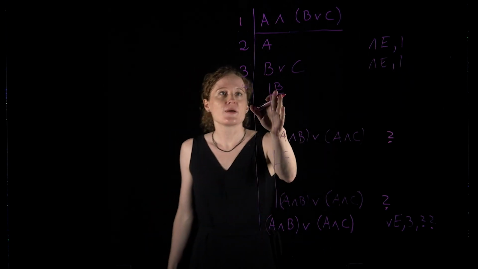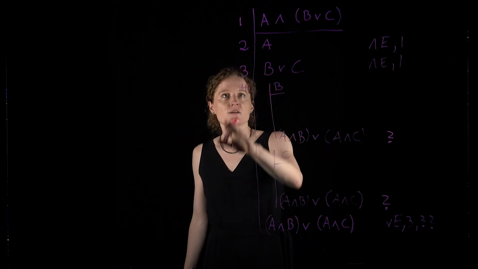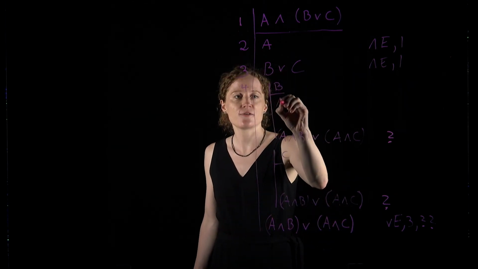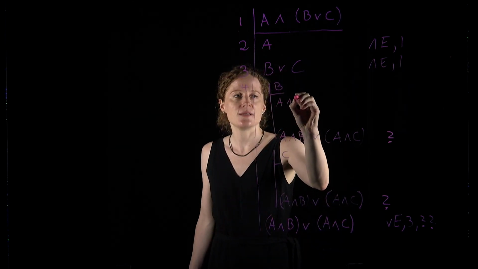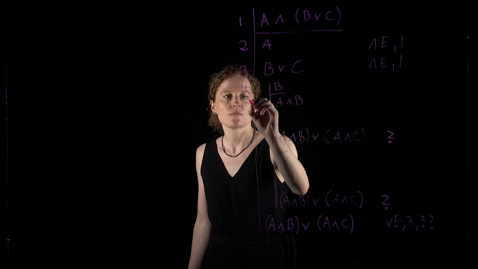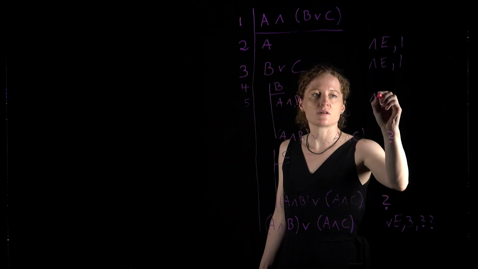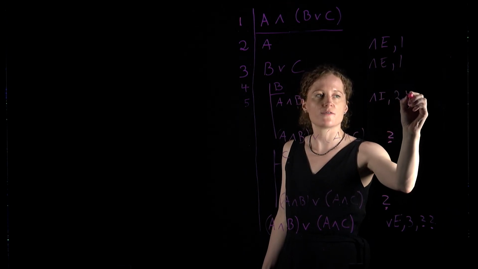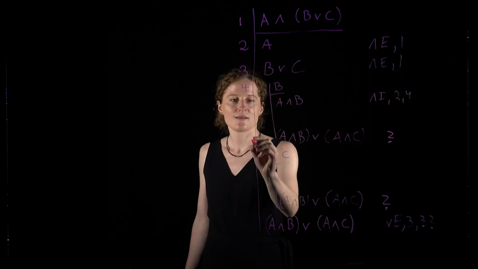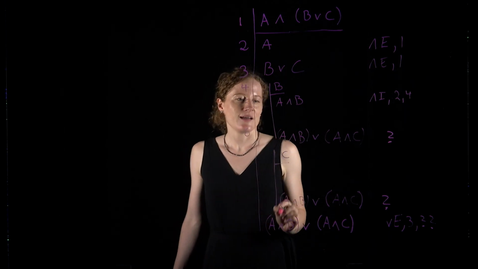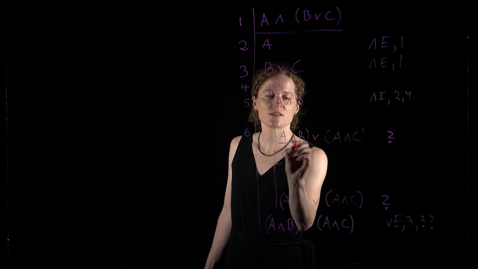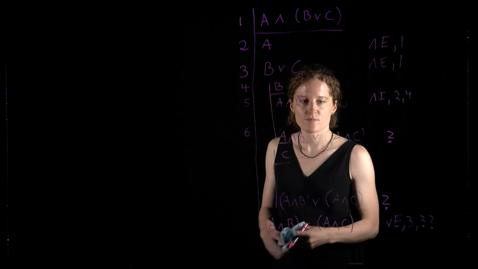Well, in line 4 we have B, and I also see that in line 2 I have A. So I can infer A and B and cite the inference rule conjunction introduction applied to lines 2 and 4. And now I see that I have established the first disjunct of this disjunction here.